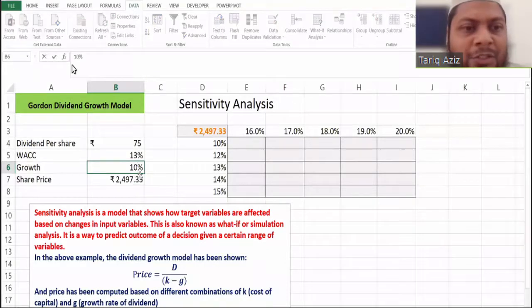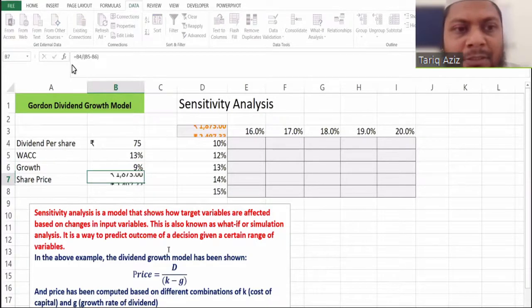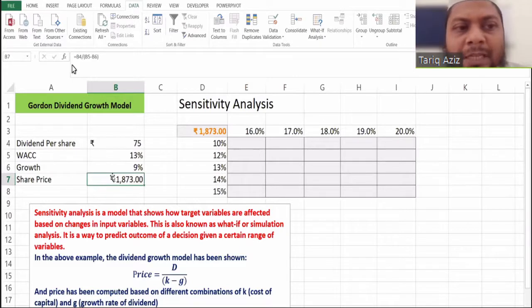Similarly, if I change the growth rate of dividend from 10 to 9%, now the share price as predicted by the dividend growth model is 1873. So this is the simple modeling of share price as per the dividend growth model.